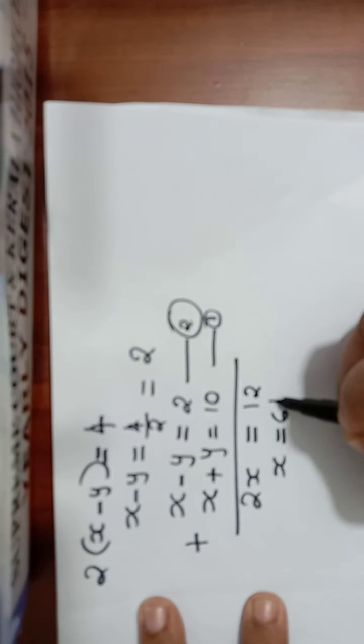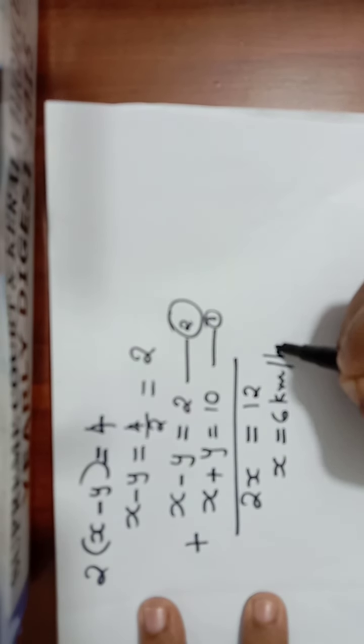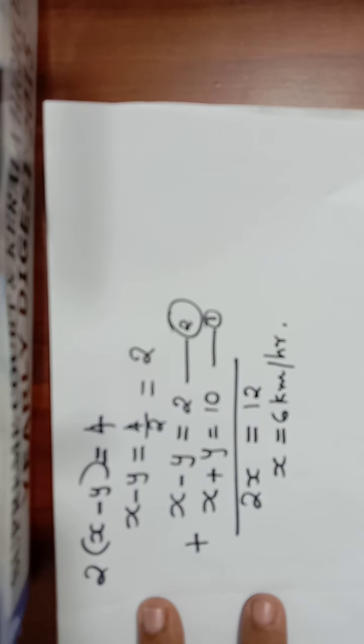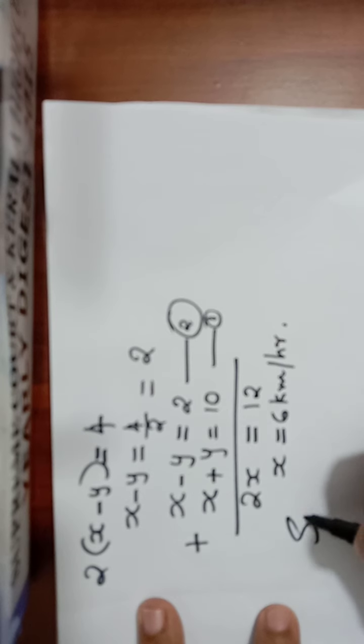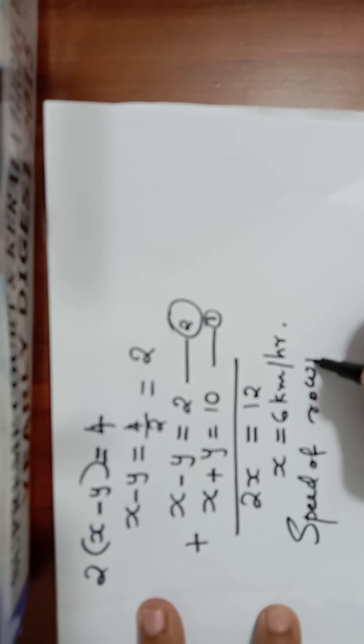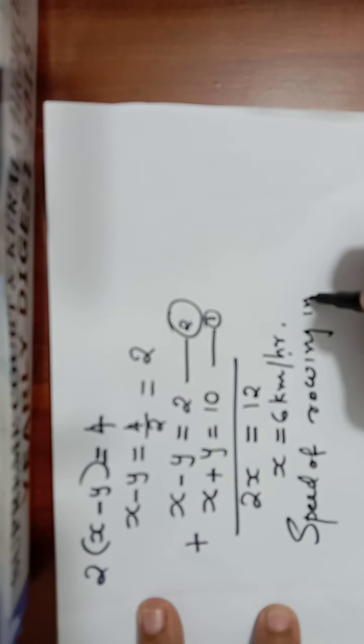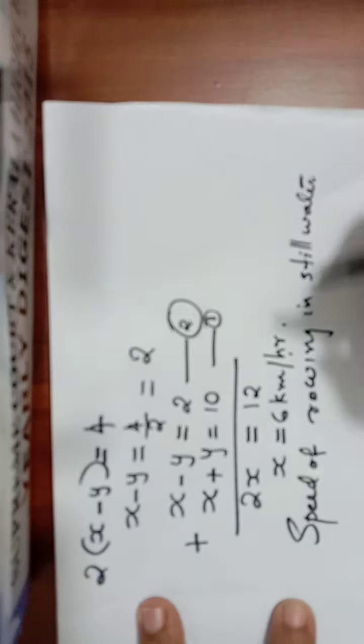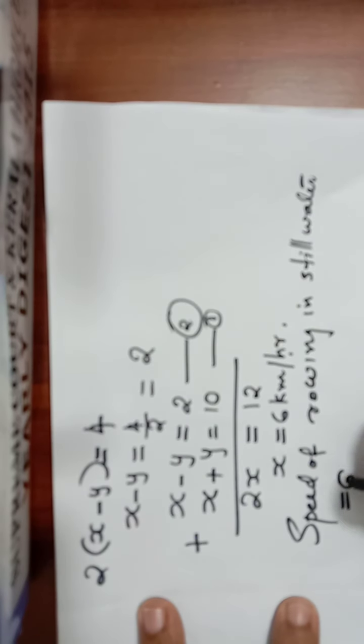It is 6 kilometer per hour. What does that x mean? It is speed of rowing in still water. That we have to write. Speed of rowing in still water equal to 6 kilometer per hour.